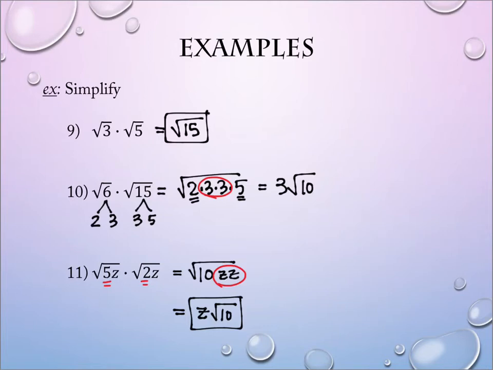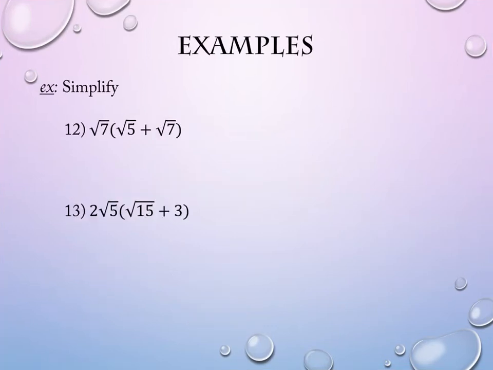A couple more. These 2 are a little bit more complicated. The reason is because I actually have distribution involved, right? I've got multiplication over a set of parentheses. So as I'm doing this, I'm going to multiply like this.